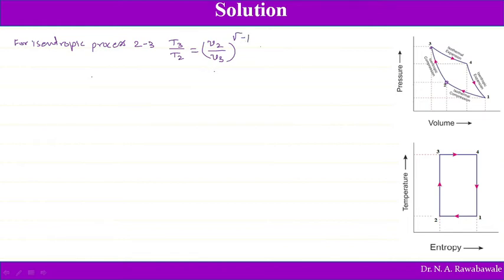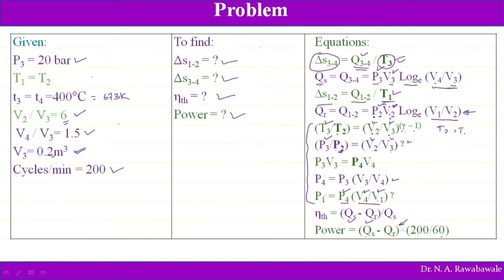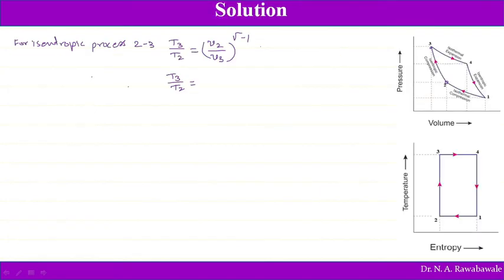V2 divided by V3 is known to us, which is given in the problem: V2 divided by V3 is 6. So 6 to the power of gamma minus 1, with gamma value 1.4 minus 1. From this we can get the answer as 2.05.